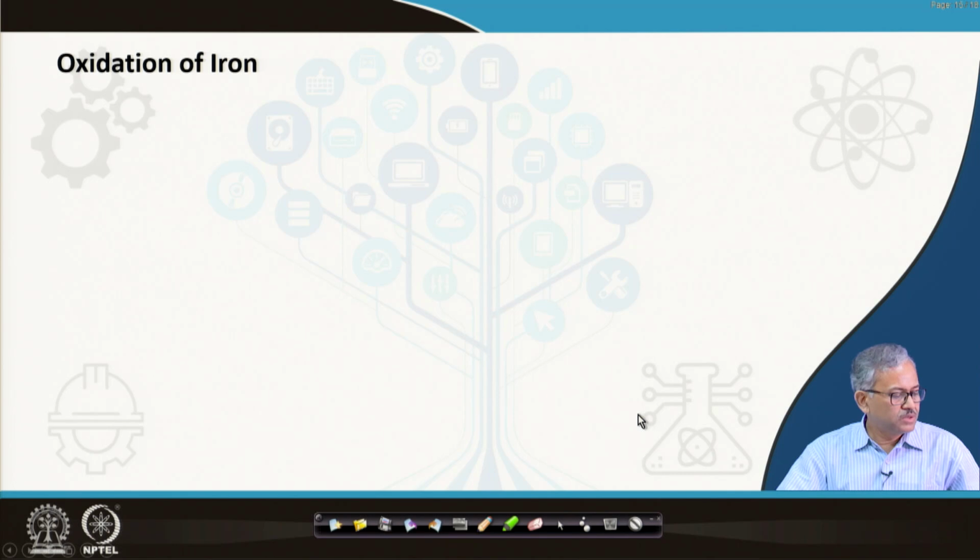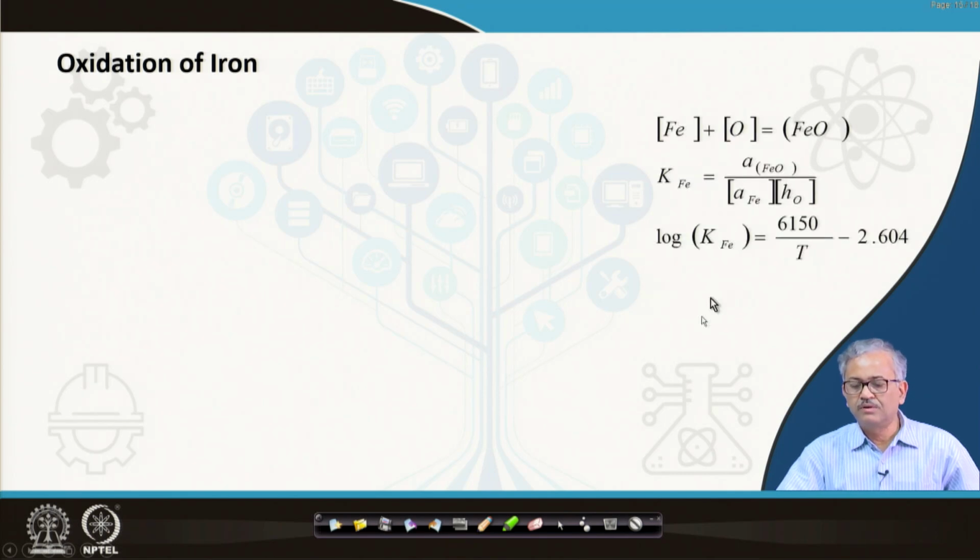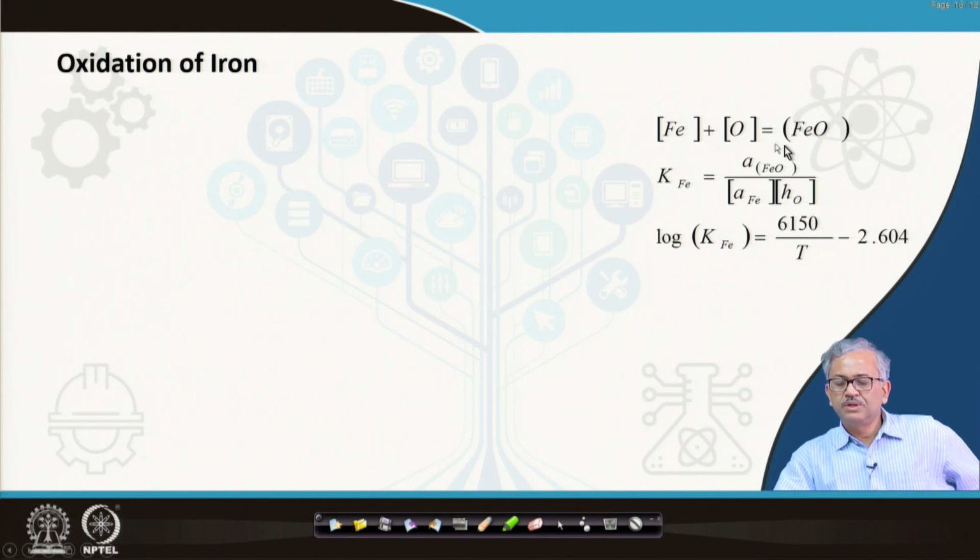Now let us consider the oxidation of iron. You can simply consider this reaction: Fe plus dissolved oxygen forming FeO. Now you can see the equilibrium constant is represented as the ratio of activities of the product to that of the reactant.